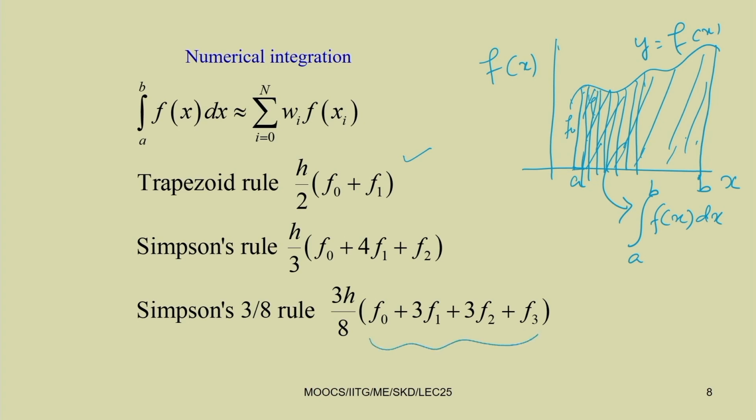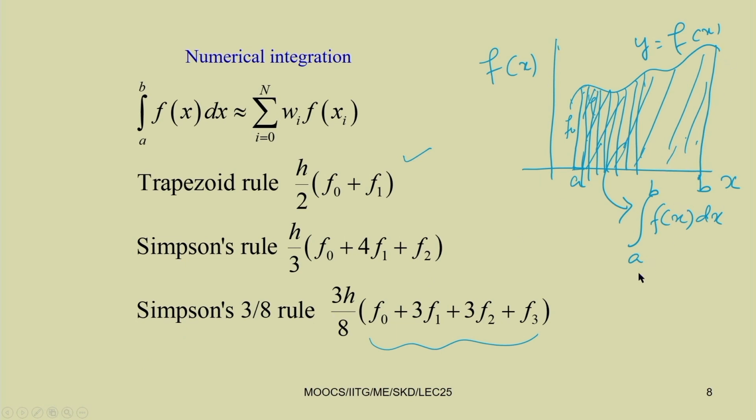This will be equal to 3h by 8 into f0 plus 3 f1 plus 3 f2 plus f3. At 4 different points we can find the value, and then by using Simpson's 3/8 rule, we can find the area of this entire curve.